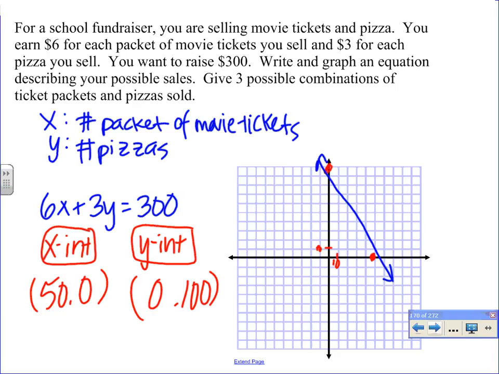I don't know if this is actually nice or not, but it looks like it's nice. So I go over 20, so 20 packets of movie tickets, and I go up 10, 20, 30, 40, 50, 60. So 60 pizzas. That's how much I would have to sell to get $300.